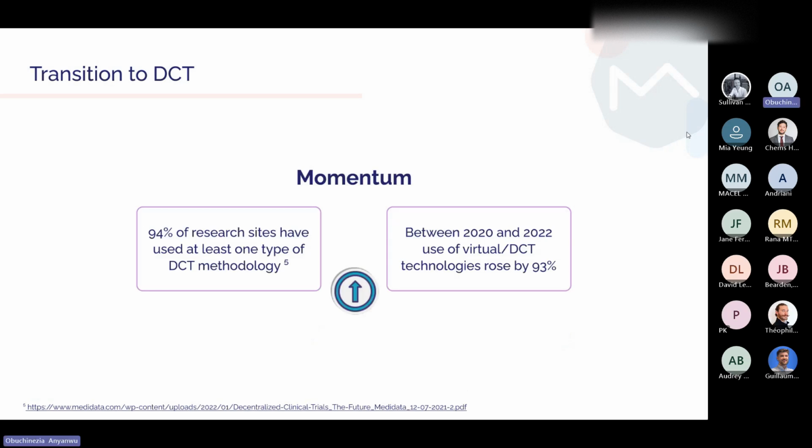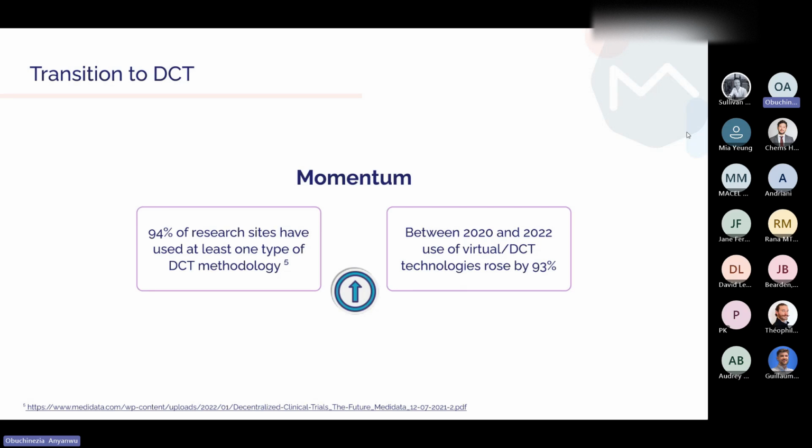And just quickly on momentum, individuals and organizations across the life sciences, particularly in the post-COVID world, have increased their use of decentralized clinical trial platforms. So anything that allows for the remote conducting of clinical trials or provision of healthcare.